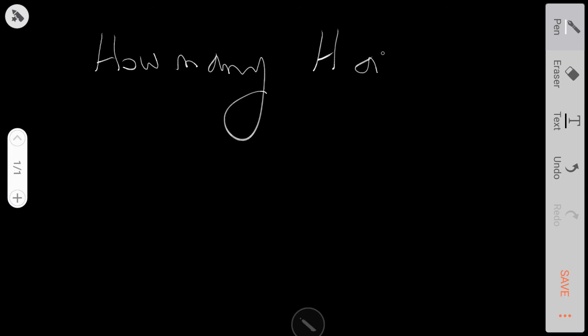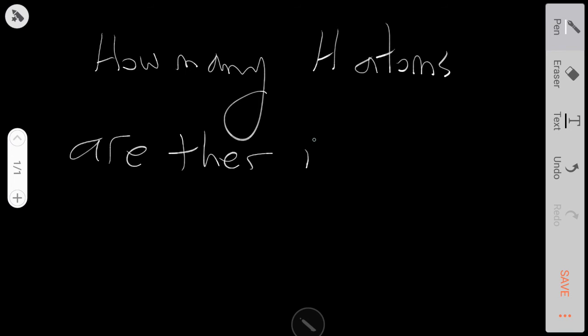So an example problem of that, if you want to try it, would be how many hydrogen atoms are there in, let me think of a good one, in 15 grams of ethane.